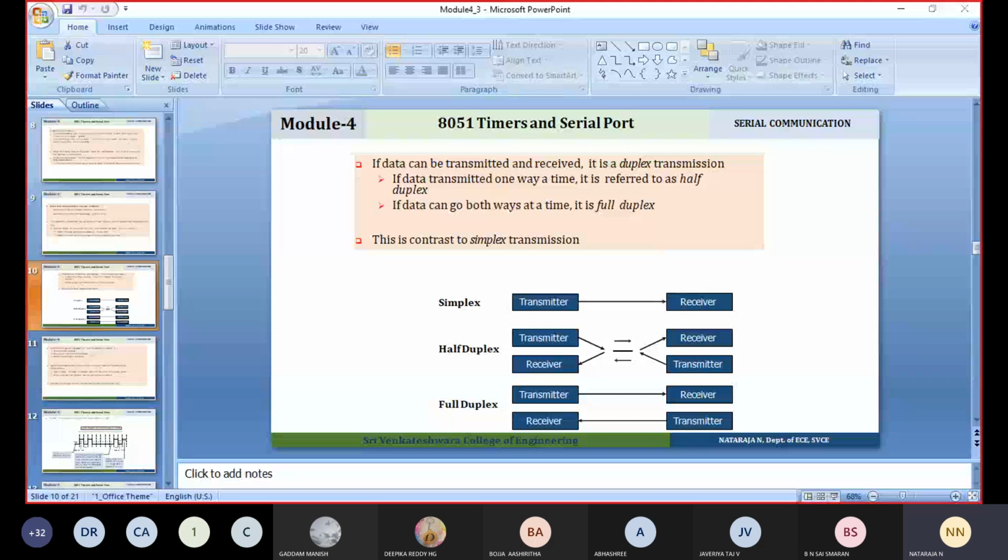Srikari, present, sir. Chandan, present, sir. Ahalya, present, sir. Chetan, yes. Deepika, present, sir.